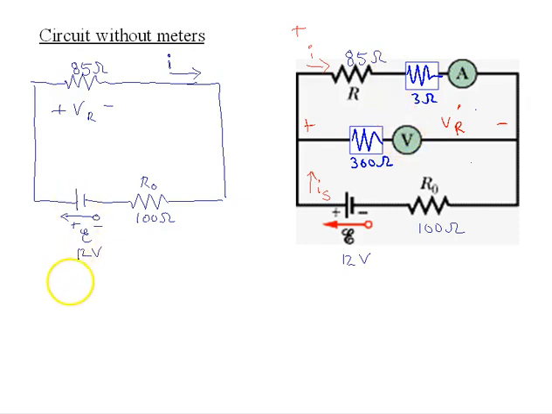In this case, we should get that our R, which is equal to V over I, is equal to 85 ohms. Here we have to do a little different analysis, because now we have 300 ohms, not even in parallel with the 85 ohms, but in parallel with the 85 ohms and the 3 ohm resistor. So we've affected the circuit doubly by putting 2 measurement tools in the circuit at one time.